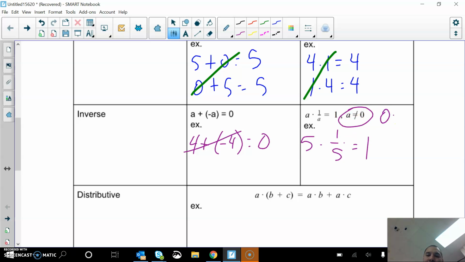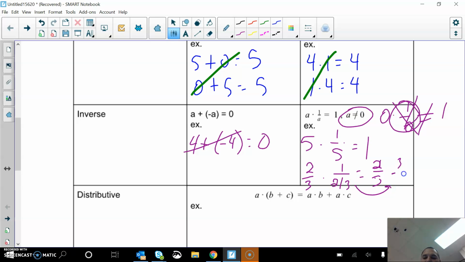For example, that is not 1. You cannot divide by 0, that's bad. If you have a fraction, multiply by its reciprocal, its inverse, so 1 over 2/3, and that is just 3/2. Just flip it, guys, you get 1.